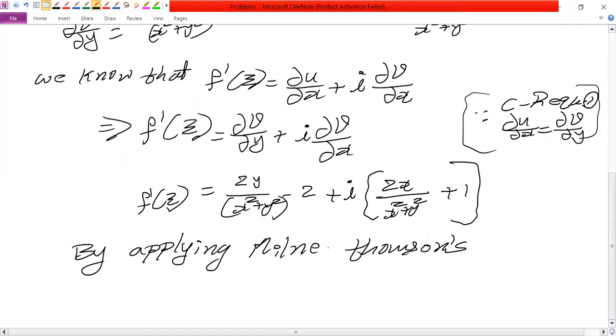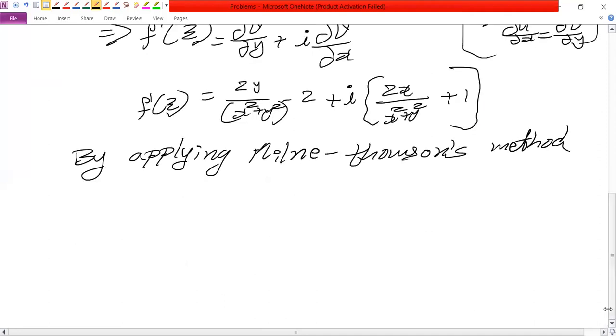Milne-Thomson's method. What we have to do here?